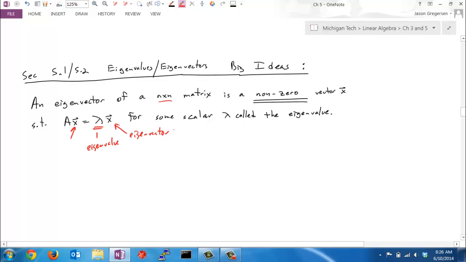Now, why that equation? Let's look at an example real quick here. If I have the matrix A, for instance, and I have the vector x, for instance, and I multiply those two things together, what do I get? Should multiply them real quick for me.